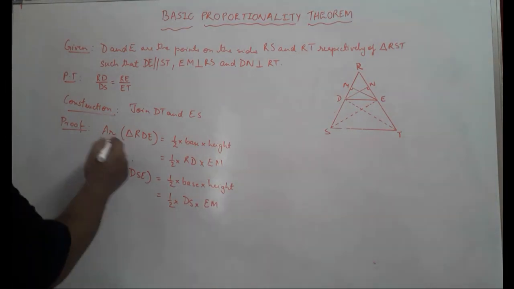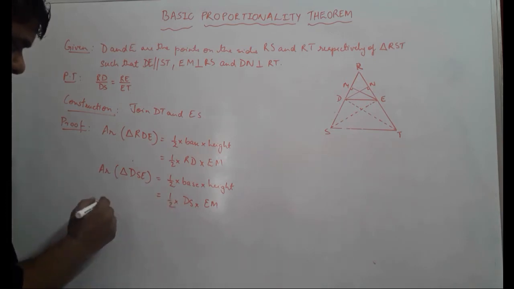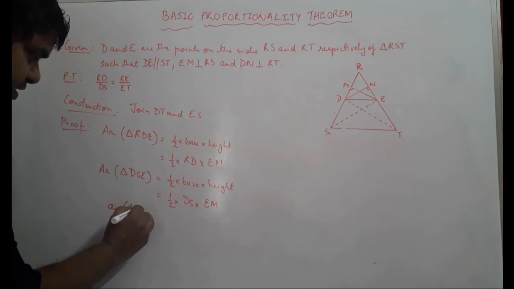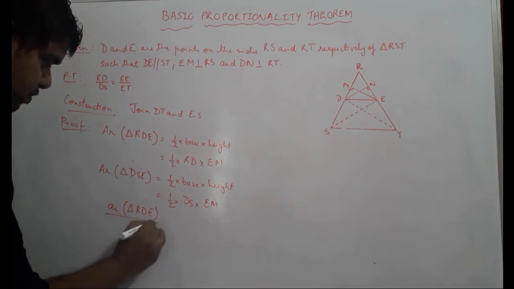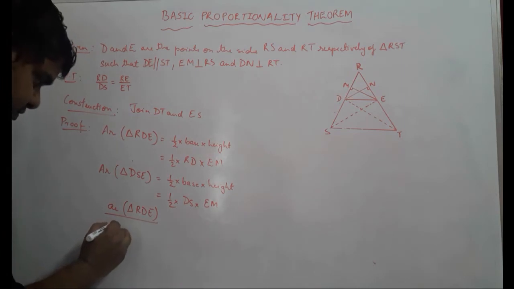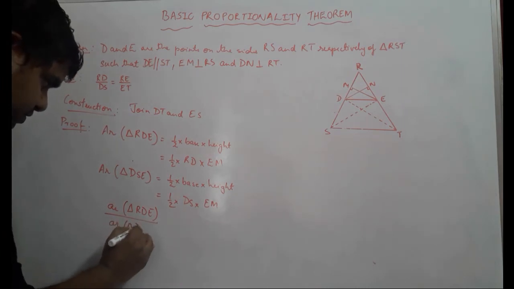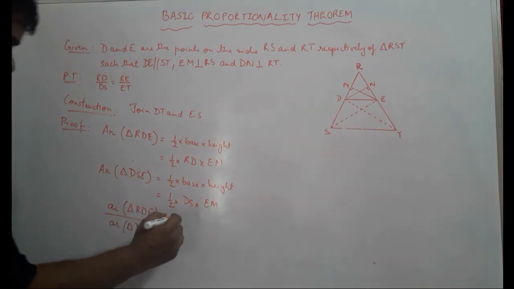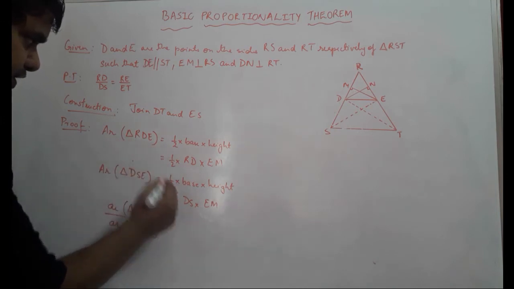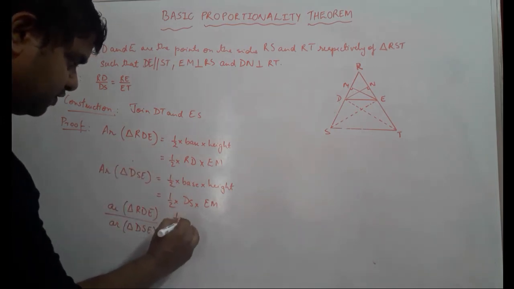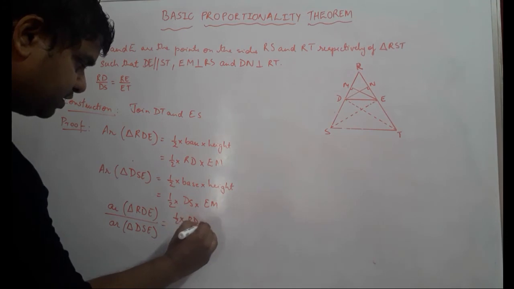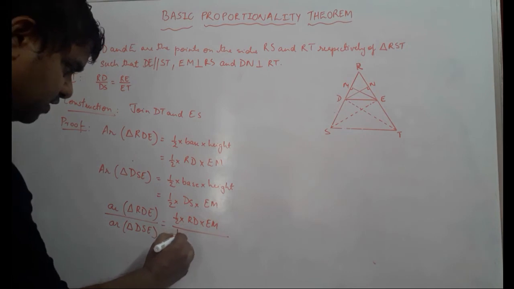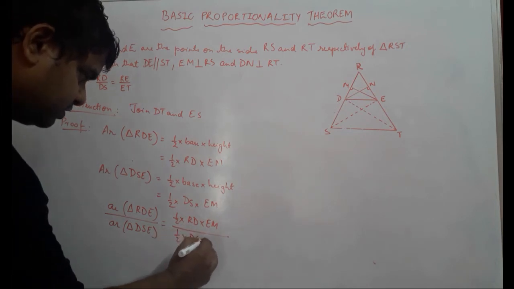Now that we have got the area of two triangles over here, what we do is we divide them. So area of triangle RDE upon area of triangle DSE. We just need to write the area of triangle RDE, which is half into RD into EM, and area of triangle DSE is half into DS into EM.